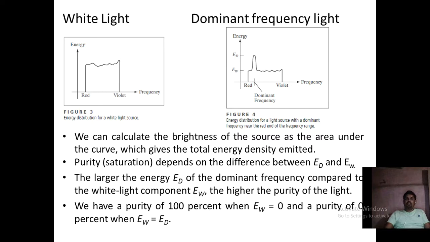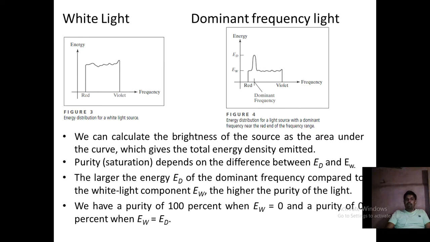Then next, how do we calculate this? Which color is that light, and when will white light appear, when all the other colors of the light can be seen? Example, this is white light. My top left picture is white light, showing the energy distribution for a white light source. As you know, the lower end is red and the higher end in that spectrum is violet.